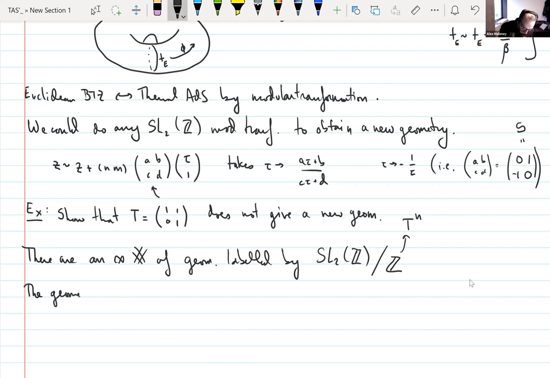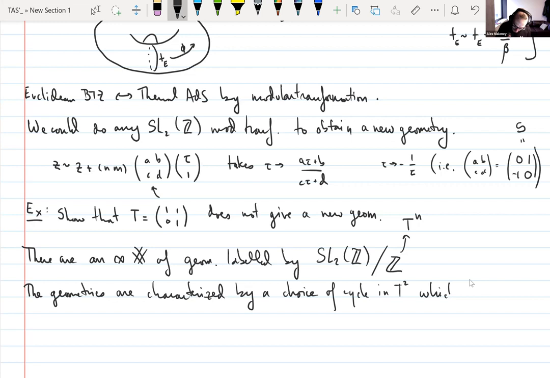So the geometries are characterized by a choice of cycle in the boundary torus, which is made contractible in the bulk. So in particular, let's imagine a torus a little bit more abstractly. So we've got two cycles.